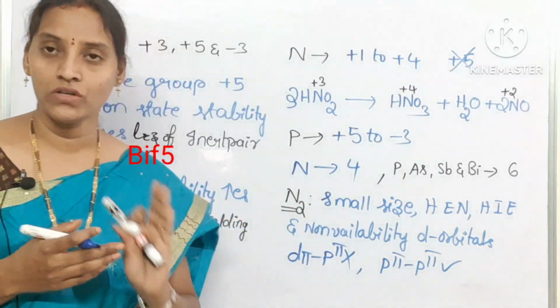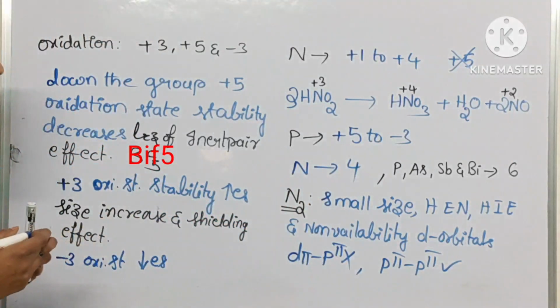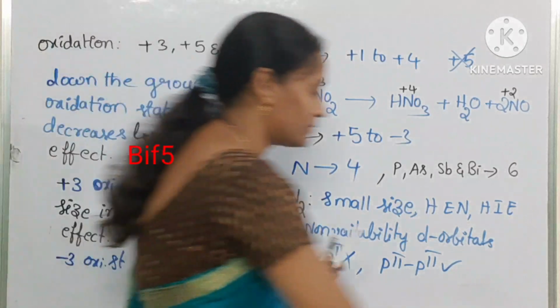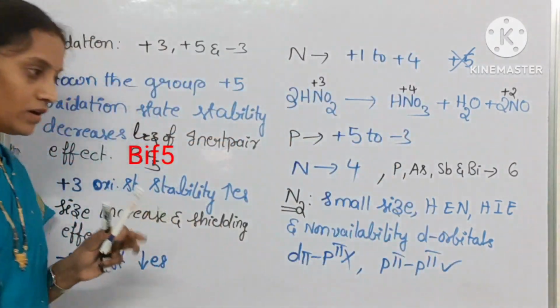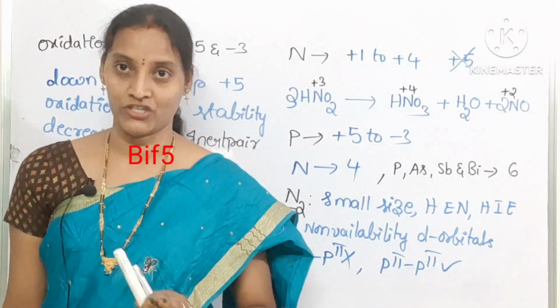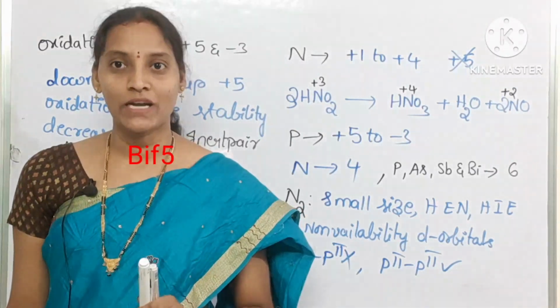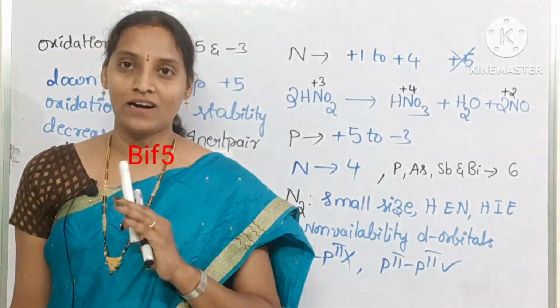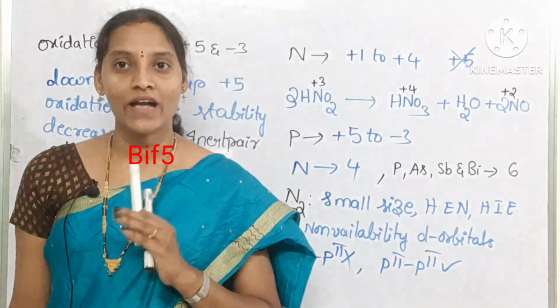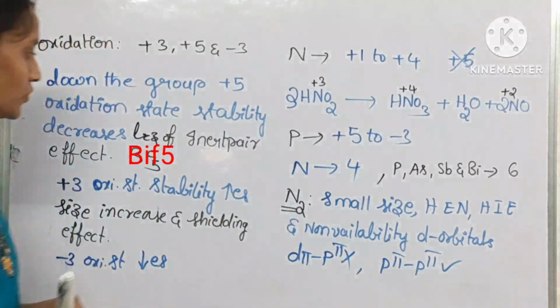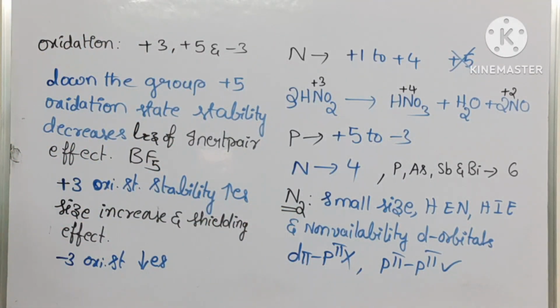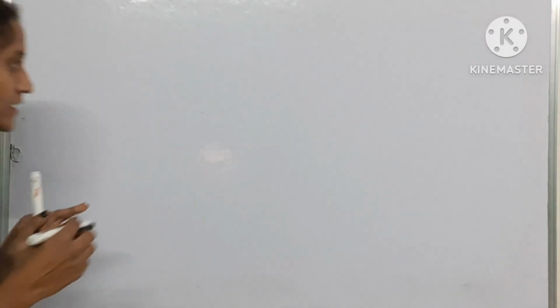Okay, this is about oxidation states and anomalous behavior of dinitrogen. Then we can move on to the reactivity nature of 5A group elements towards oxygen, hydrogen, halogen and metals. So you can see those things. See my dears, here we are discussing reactivity towards hydrogen.